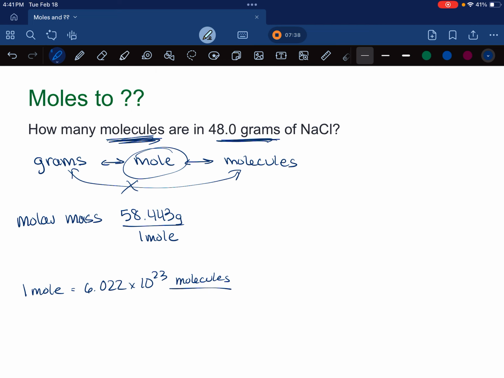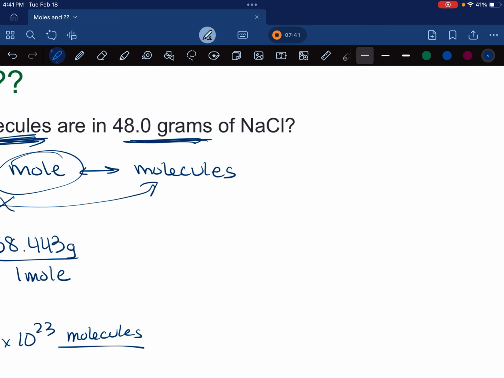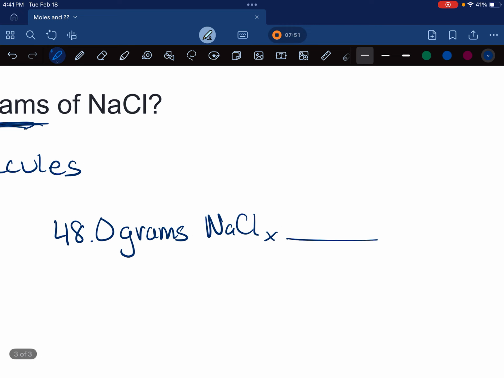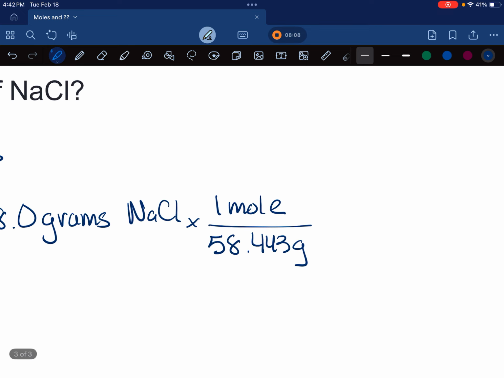And now I'm just going to set my problem up. I'm going to start with the given. So the given was 48.0 grams of NaCl. I want molecules. I can't go directly from grams to molecules, but I'm going to go from grams to moles. So I'm going to turn those grams into moles by putting 1 mole at top and 58.443 grams at the bottom. So now my grams will cancel out and I'm left with unit of mole. I'm halfway there.